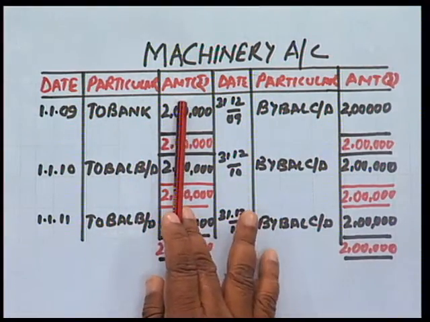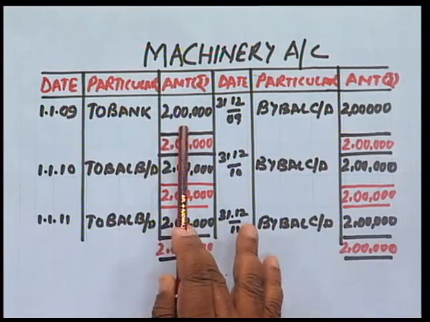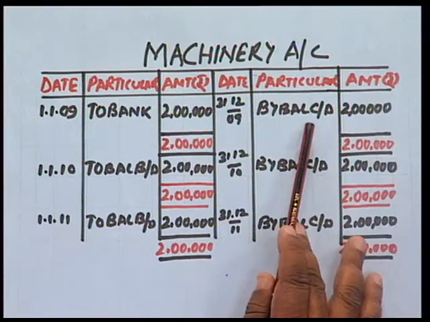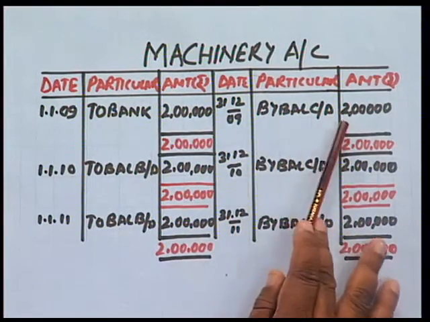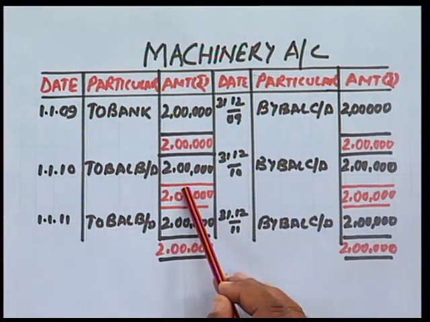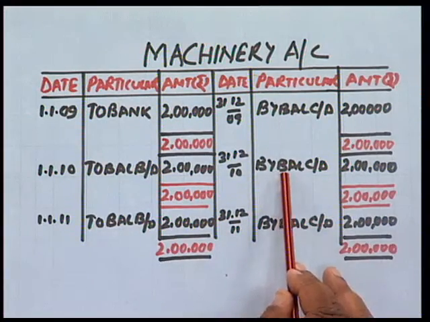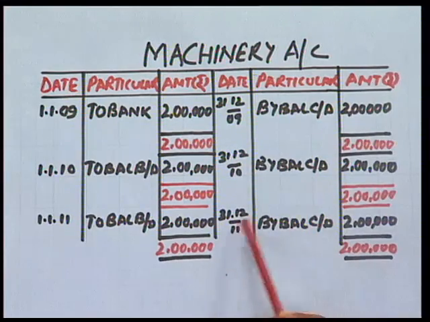We are preparing the machinery account for purchasing the machinery for rupees 2 lakh on 1st January, but we are not charging the depreciation to machinery account. The machinery account is showing the opening balance of 2 lakh. Again it is becoming the opening balance next year with the same amount, and you see the depreciation is not charged to the machinery and the cost of the asset is same over the year.